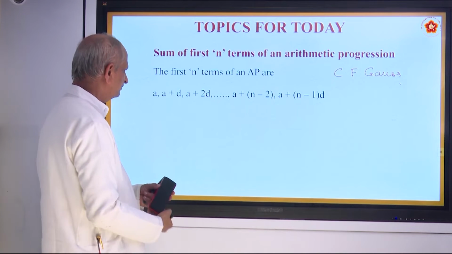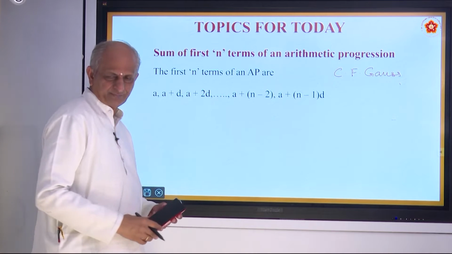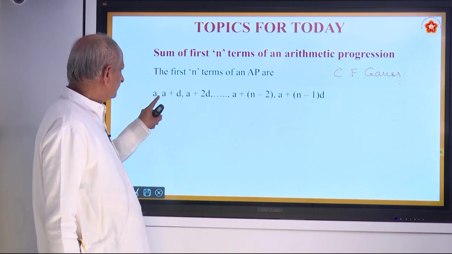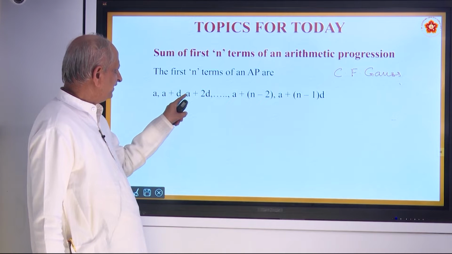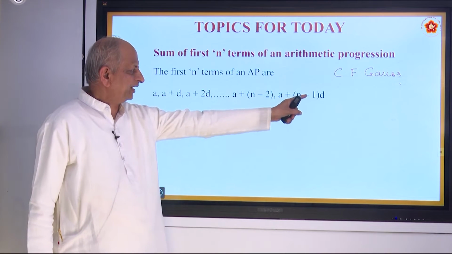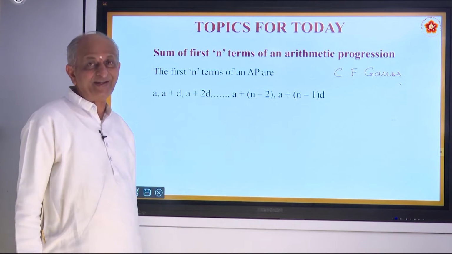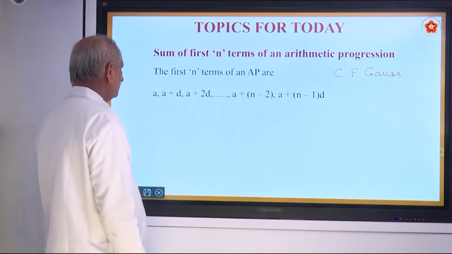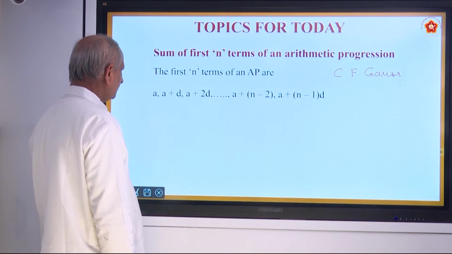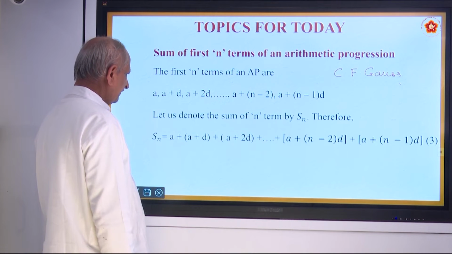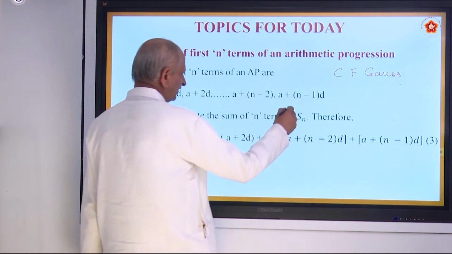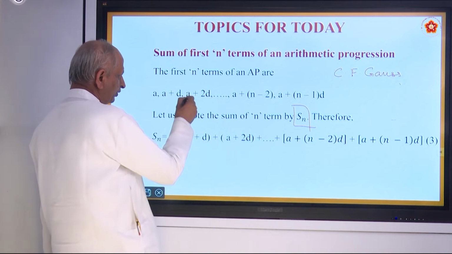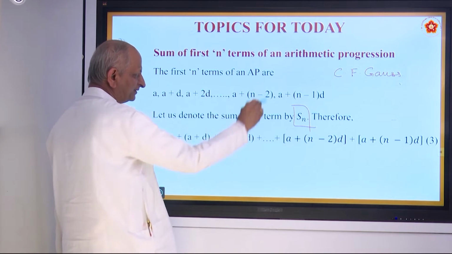Let us see how to do it. First, you write the series: a, a plus d, a plus 2d, like that up to the last term, since it is a finite series. That is the first n terms. It can also be written as Sn. S means sum, so you use the plus sign.